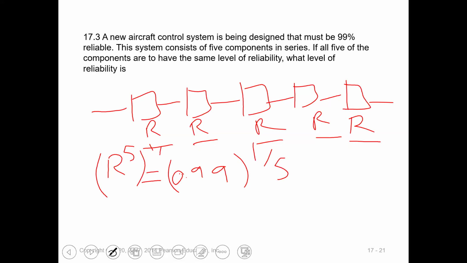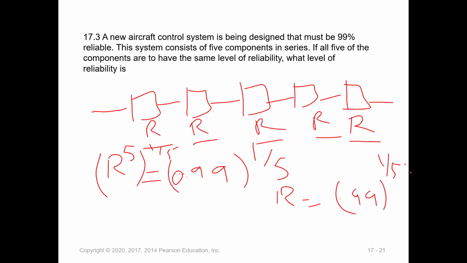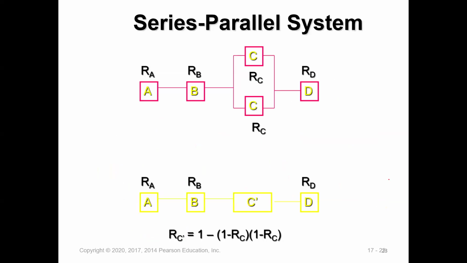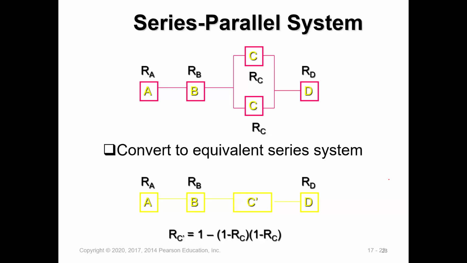So then I have R is equal to 0.99 to the power 1 over 5. Use your calculator and find this value. If they are equal, we can do that. If they are not equal, we cannot; it will be a different story. And then we talked about the series parallel system.